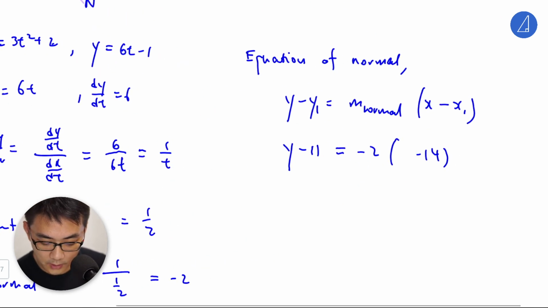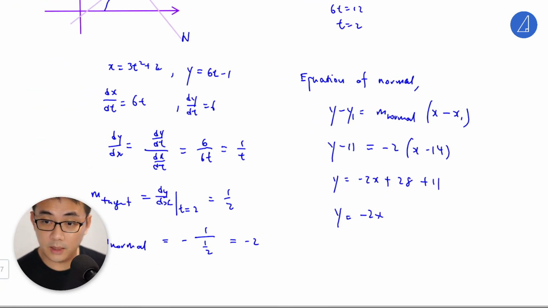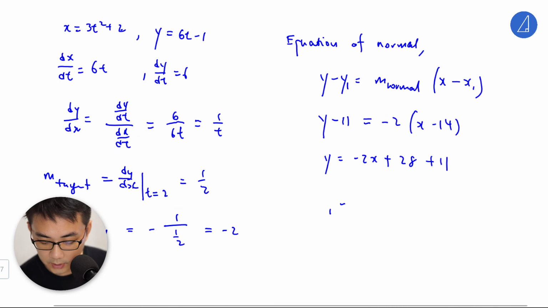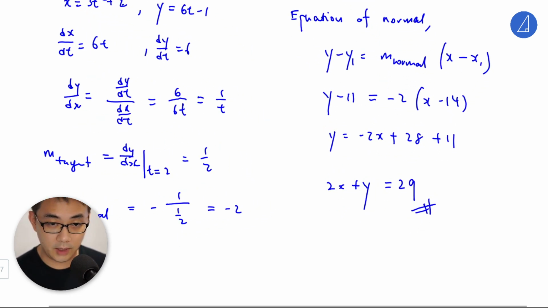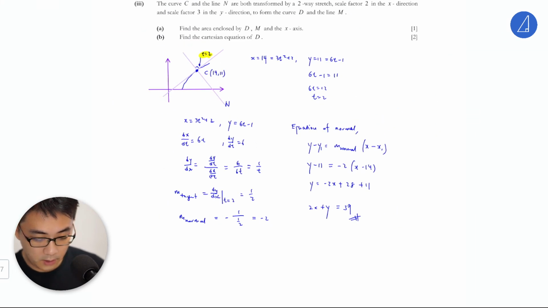Then y equals minus 2x plus 28 plus 11, which is y equals minus 2x plus 39. But we won't need it in the form ax plus b, so just rearrange this to 2x plus y equals 39. So that's how you do this question proficiently.